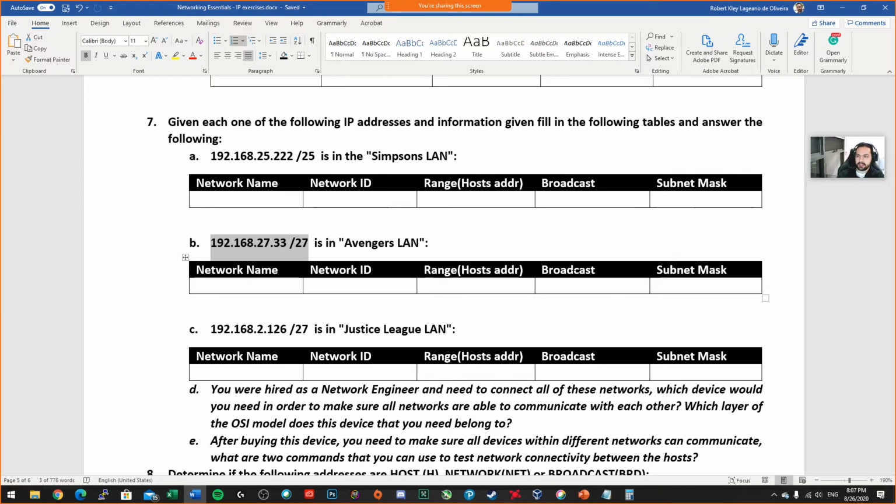It's subnetting, so there's subnetting going on here. And this network is called the Avengers LAN. This is the address of Avengers LAN. This is the address for Justice League LAN. And this is the address for Simpsons LAN. All good? So what is the network name?